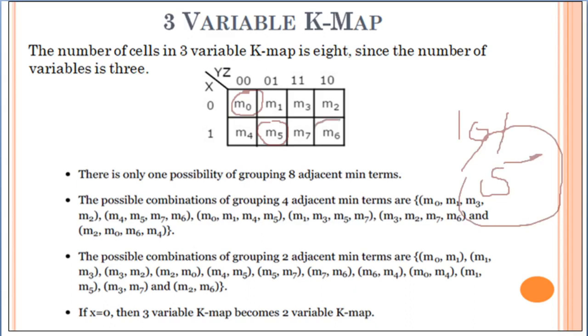Now for this cell, this is M6, that means 1, 1, 0, that means this is equal to 6. That's why the identity of this particular cell will be M6.